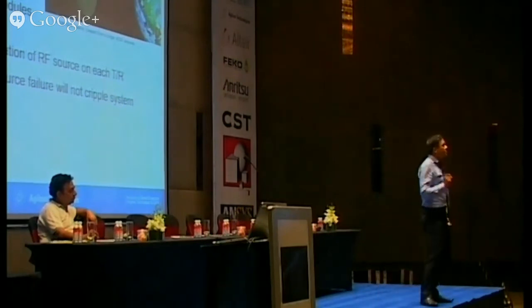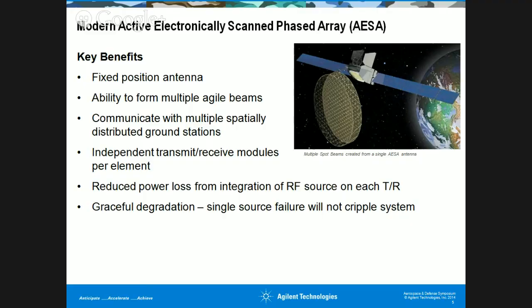Communicate with multiple spatially distributed ground stations. So if your mission requires that you cover various ground stations, and in between you need not cover, you can cover various geographical regions with various other missions, and communicate from the same antenna.